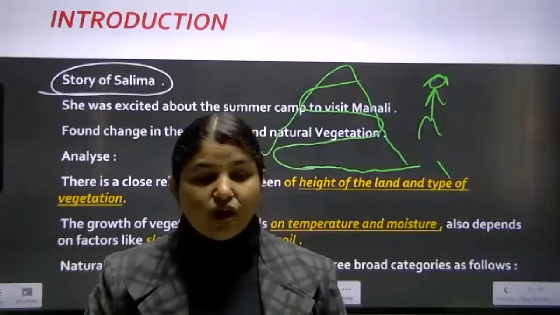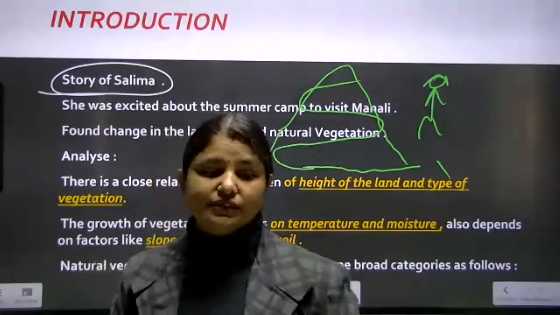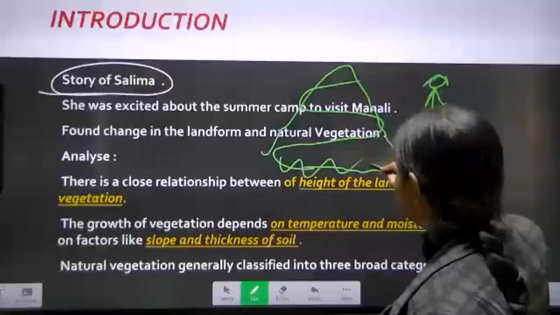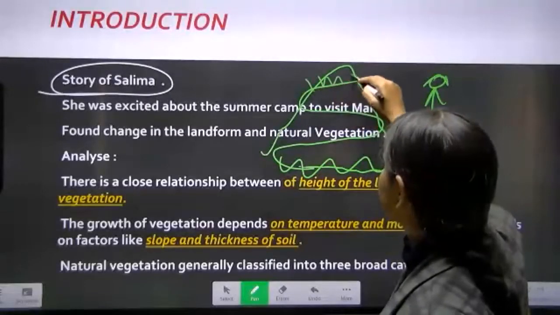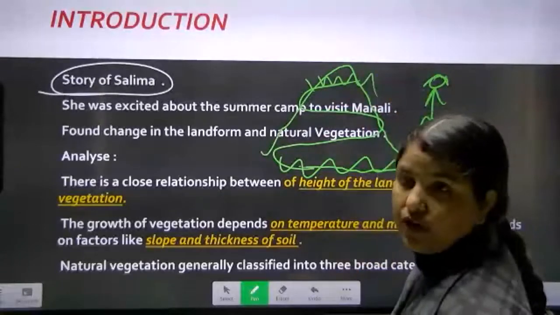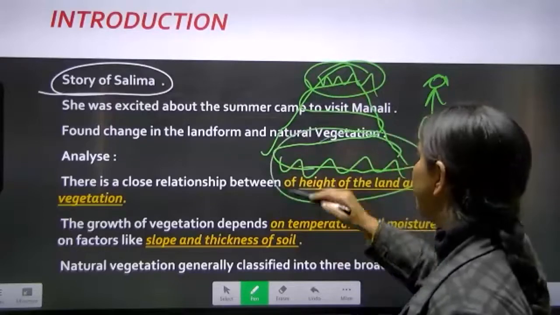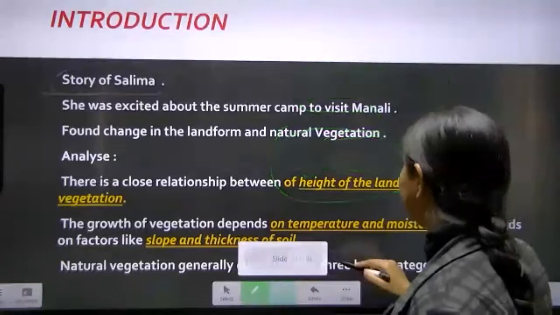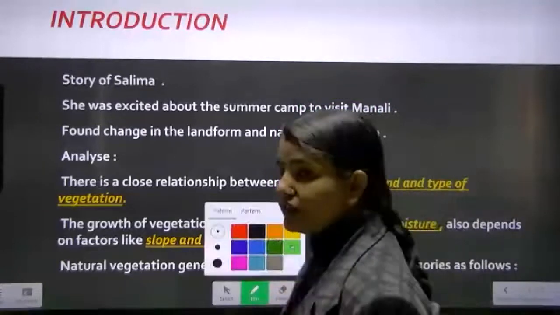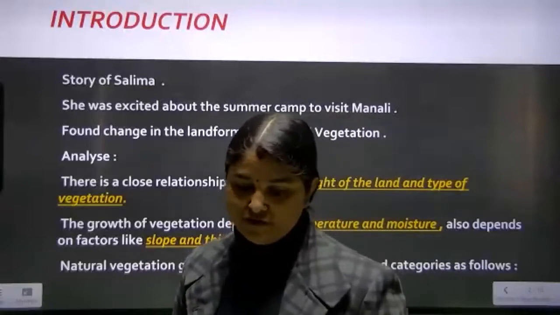Because she found that whatever plants, whatever trees she saw in this one area, that is completely different from here. Matlab, whatever vegetation was there, that is completely different from here. In this manner, the vegetation which they found over there was completely different.